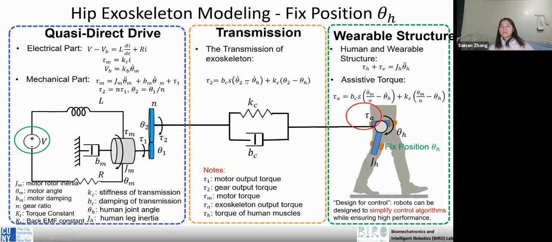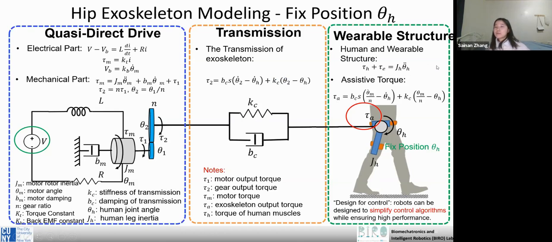But here, theta h equals 0. So tau 2 equals BCS times the time derivative of theta 2 plus Kc times theta 2. Here, we regard tau A equal to tau 2. So the two equations are the same thing.